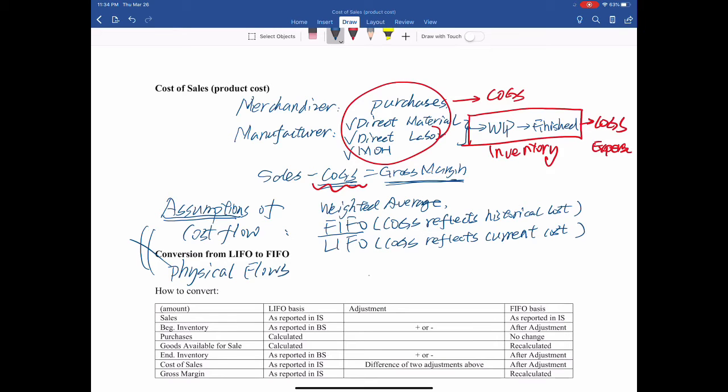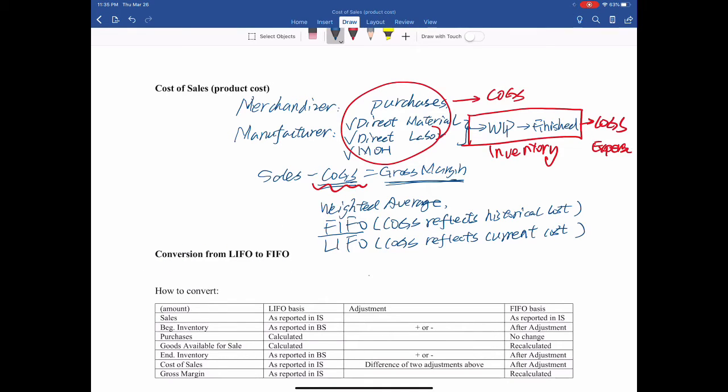One firm can use a combination of the cost flow assumptions for different products in different business segments. So there is a lot of freedom for firms to choose their cost flow assumptions, which have an impact on the firm's cost of goods sold. That's why we should read the notes to learn what cost assumption the firm uses.